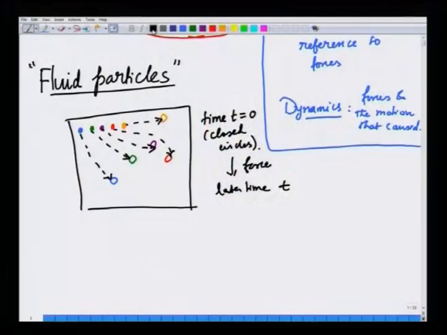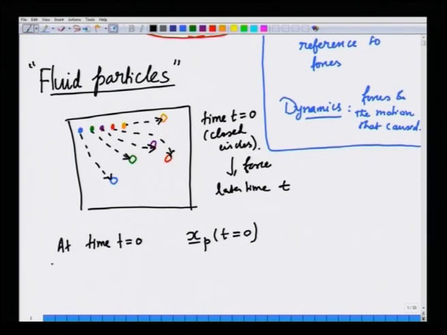Okay. So, this is roughly a realization of this mathematical or abstract idea of a fluid particle. So, in principle you can identify at time t equals 0, okay, the position of various particles.